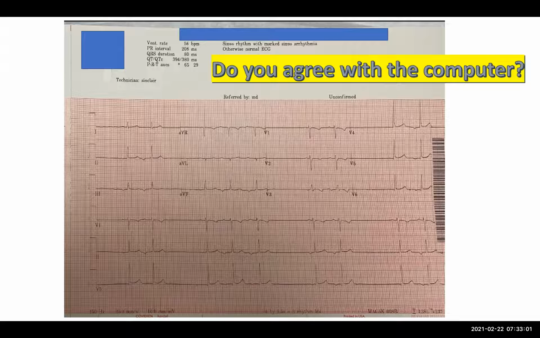Looking at the P wave morphology, the first beat looks upright in both 1 to AVF. However, the preceding beats have downward axis to the P waves. So those are not sinus beats. And then there are pauses.